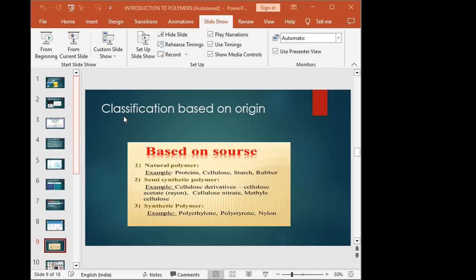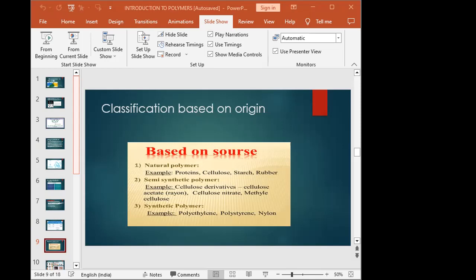Next is semi-synthetic polymer. Examples of semi-synthetic polymers are cellulose derivatives like cellulose acetate, which we call rayon, cellulose nitrate, methyl cellulose, etc. Semi-synthetic polymers are polymers obtained by modifying natural polymers artificially in a lab. These polymers are formed by chemical reaction in a controlled environment and are of commercial importance.